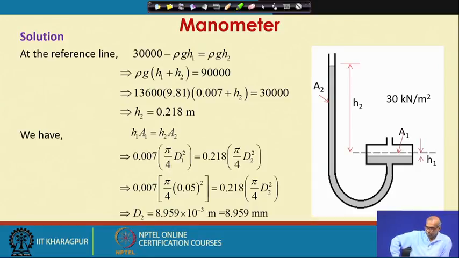So, once I have H2, I can make use of the volume balance to find out the area, and after finding out area I can find out the diameter. So, you make a volume balance H1 A1 equal to H2 A2.